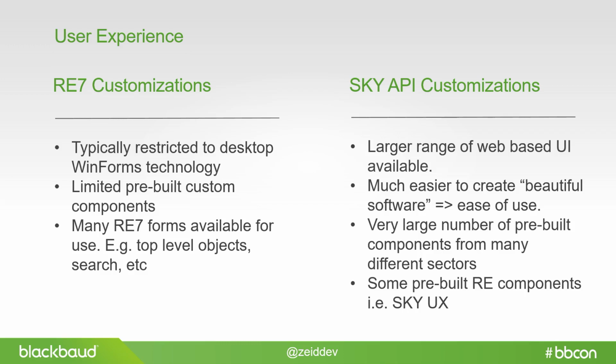There are also some pre-built Raiser's Edge components as well. That is the Sky UX. We use it with AngularJS, with Angular 2 I think coming soon, so that you can make use of all those components that Raiser's Edge NXT also makes use of. But there aren't as many as there have been in Raiser's Edge 7, at least for search screens and the like.